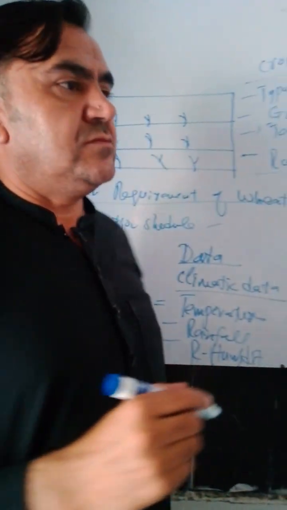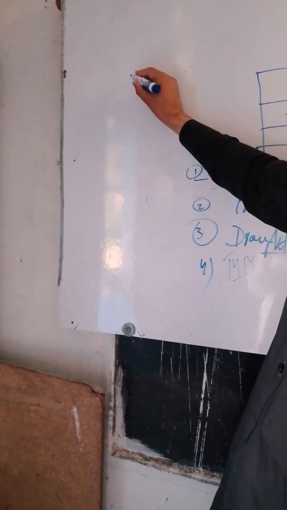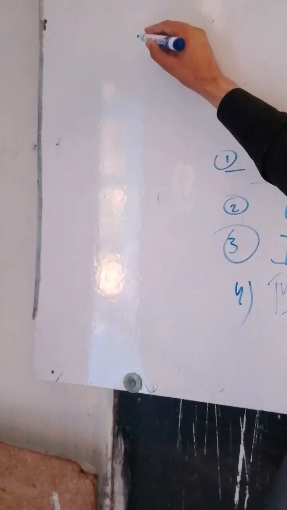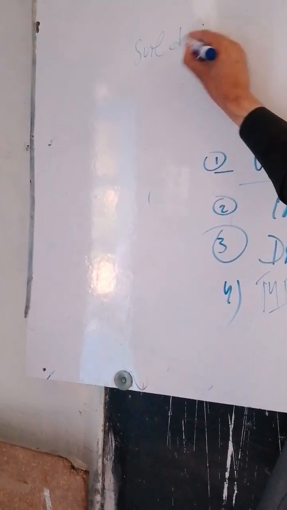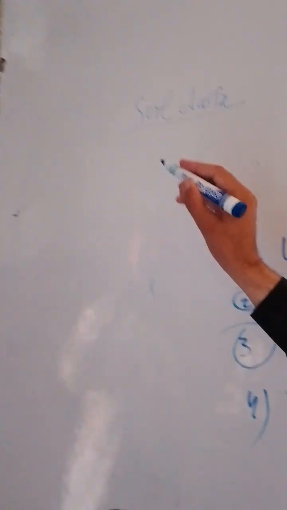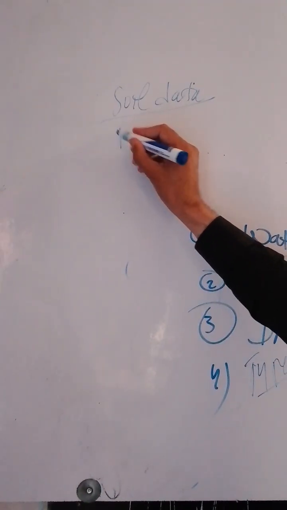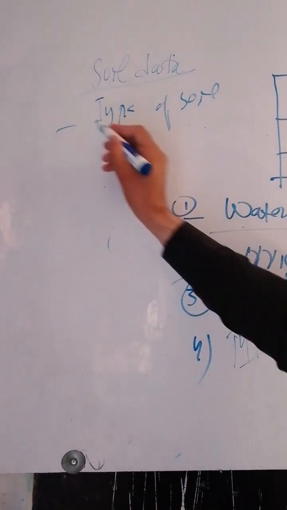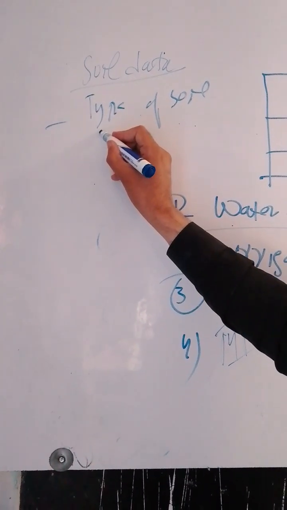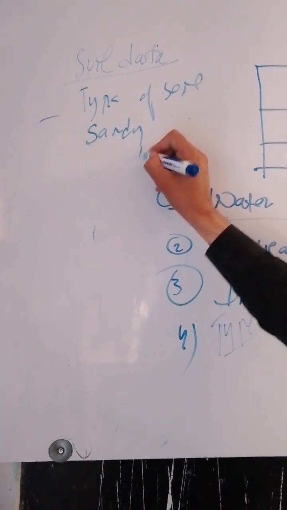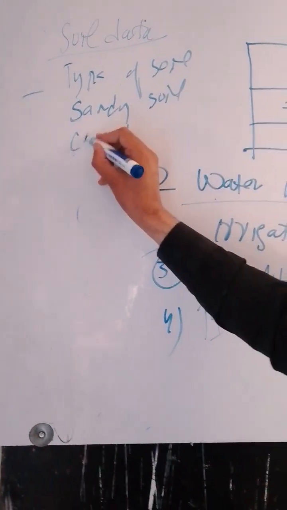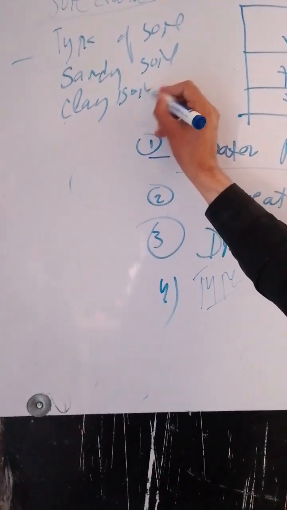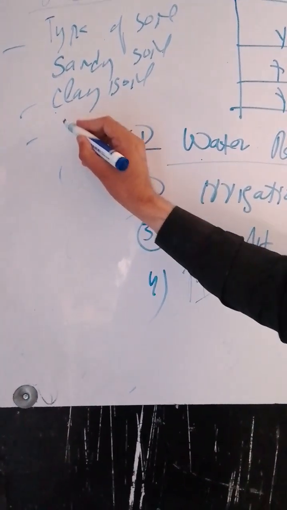The third data which is required is soil data. In soil data we need the type of soil. Which soil do we have? Sandy soil, clay soil, or loamy soil.